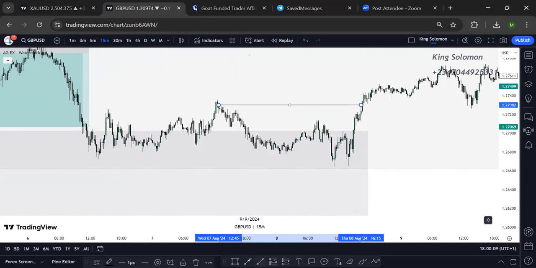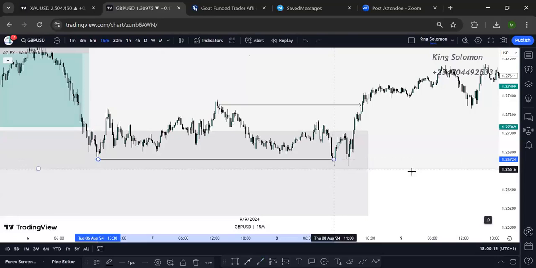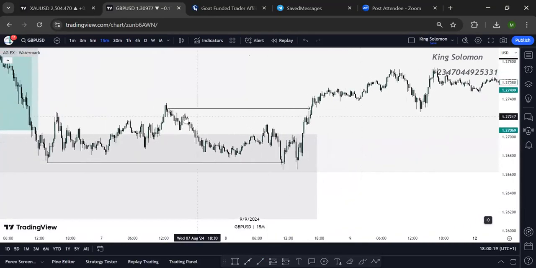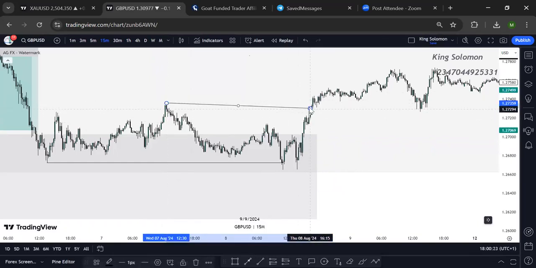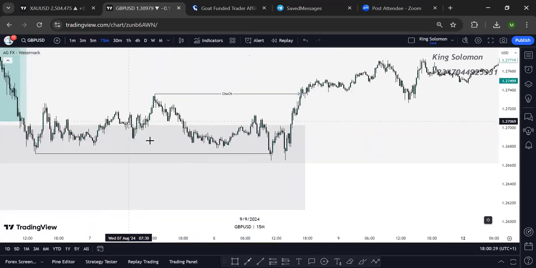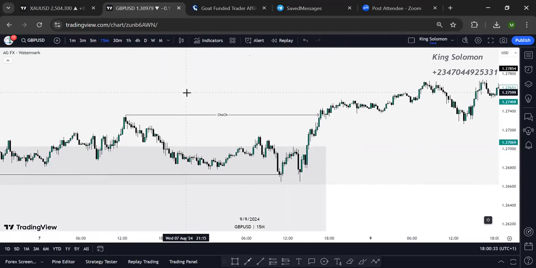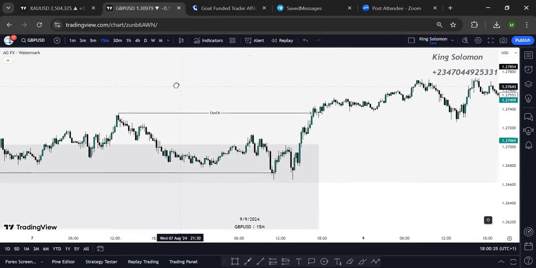Very change of character here because this low got taken out, right? This low got taken out. So this was a CH to CH. Now we've switched to sell before buy, to the bullish order flow now, right?